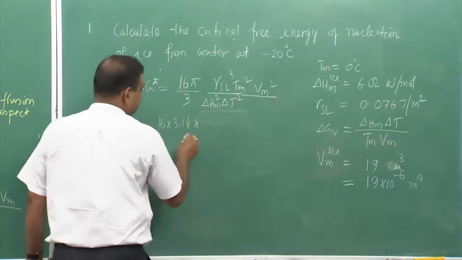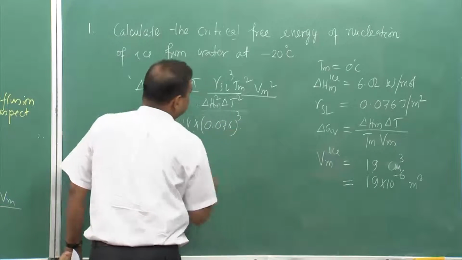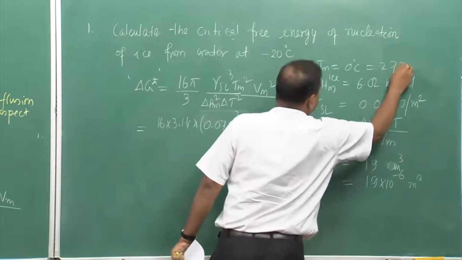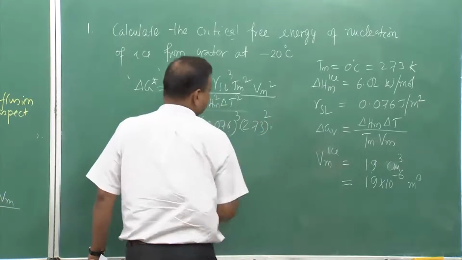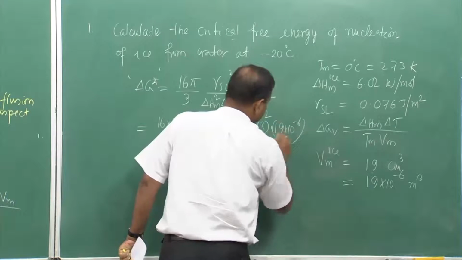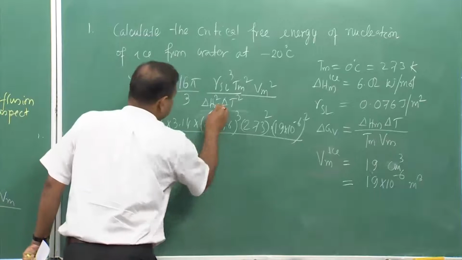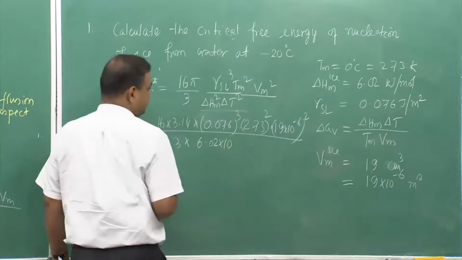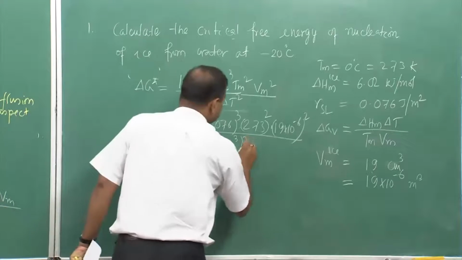16 into 3.14 into 0.076 cube, into 0 degree Celsius, that means 273 Kelvin, 273 square. Vm is 19 into 10 to the power minus 6, square, divided by 3 into 6.02 into 10 to the power 3, since it is kilojoule, square.